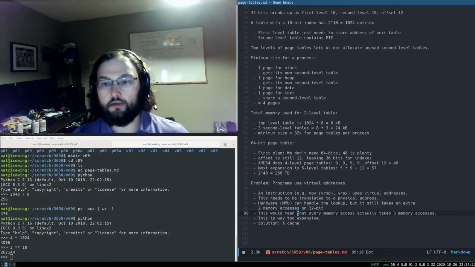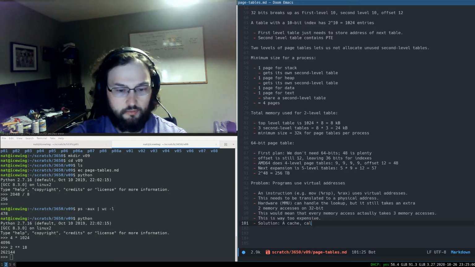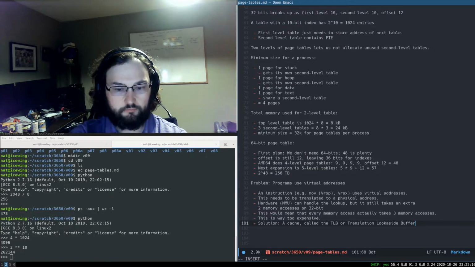So the solution here is that we have a cache. And that cache is called the TLB, or Translation Look-Aside Buffer.